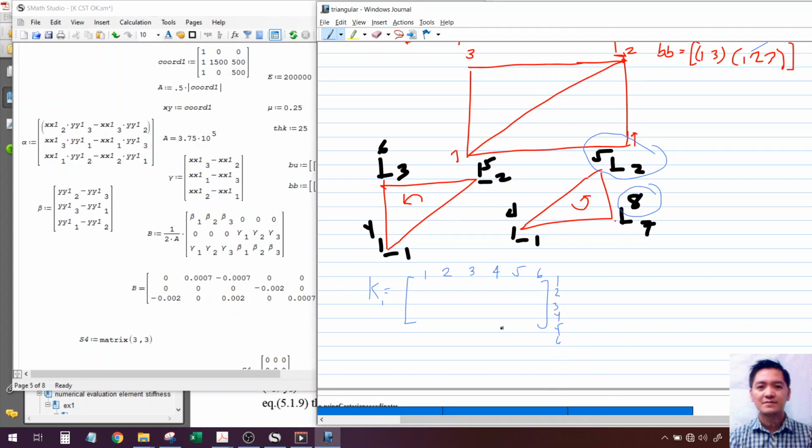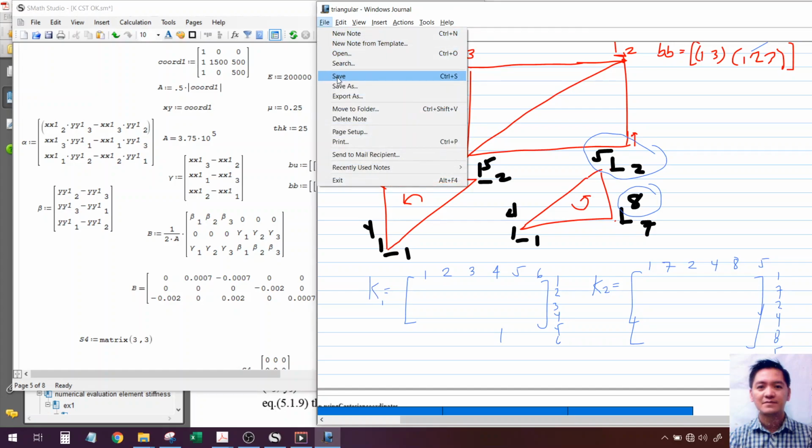While for K2, ang coding niyan ay 1, 7, 2, 4, 8, 5. Right? Ayan yung coding. No? Okay.